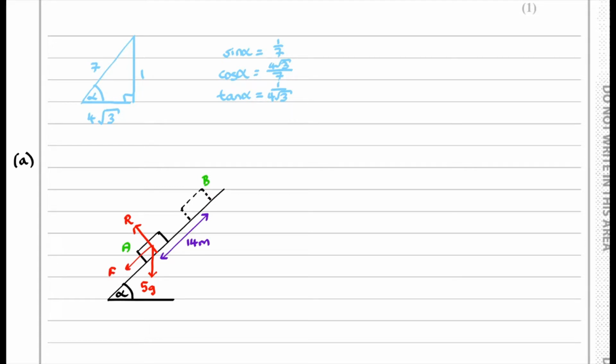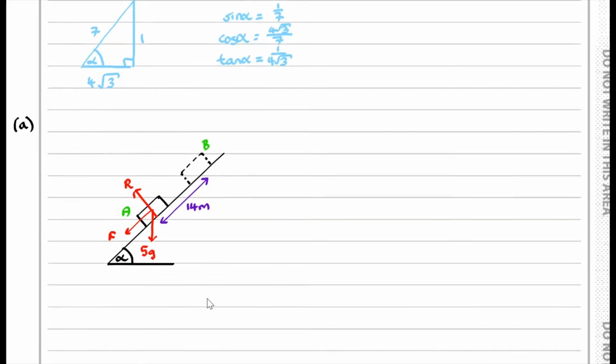Now we can begin by finding out what R is, and then we know that the frictional force F is given by mu R. Working out what R is, R equals 5g times the cosine of alpha.